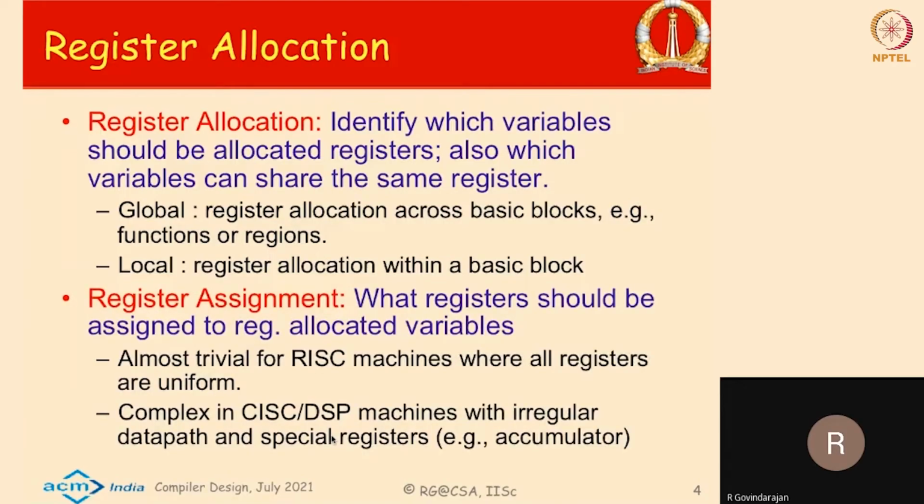The problem of register assignment is essentially saying that once you have decided which variables should reside in the register, what register can they use, right? And of course, once you have decided which variables can share the same register, what register can they share, right? This problem is somewhat trivial in RISC machines where all the registers are homogeneous.